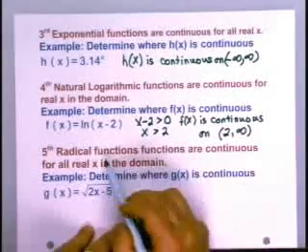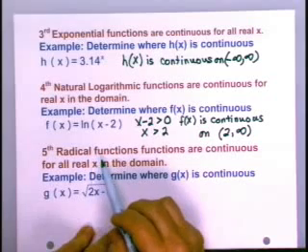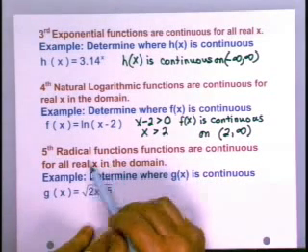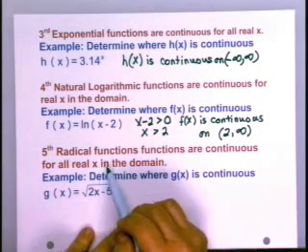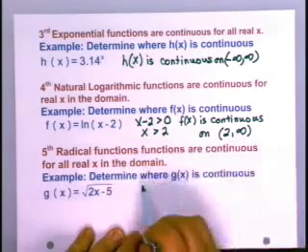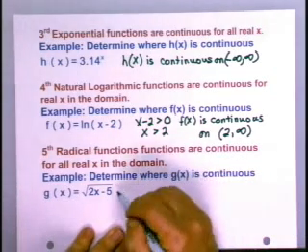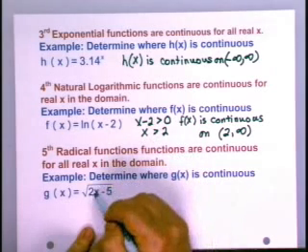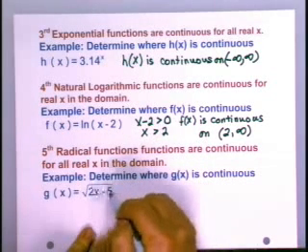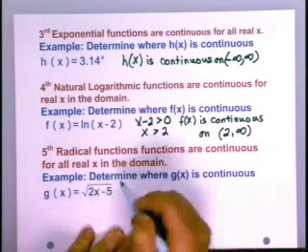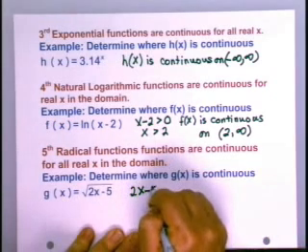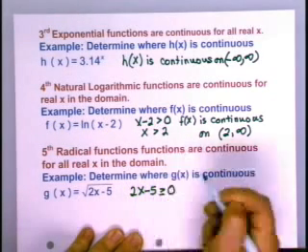And the fifth rule and the fifth example, radical functions are continuous for all real x in the domain. So let's determine where g of x is continuous. This is a radical function. The radicand, 2x minus 5, has to be greater than or equal to 0 for this function to be defined.